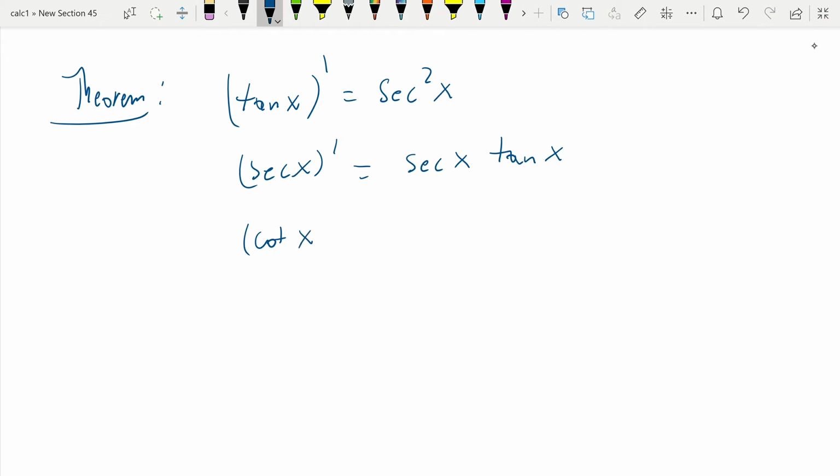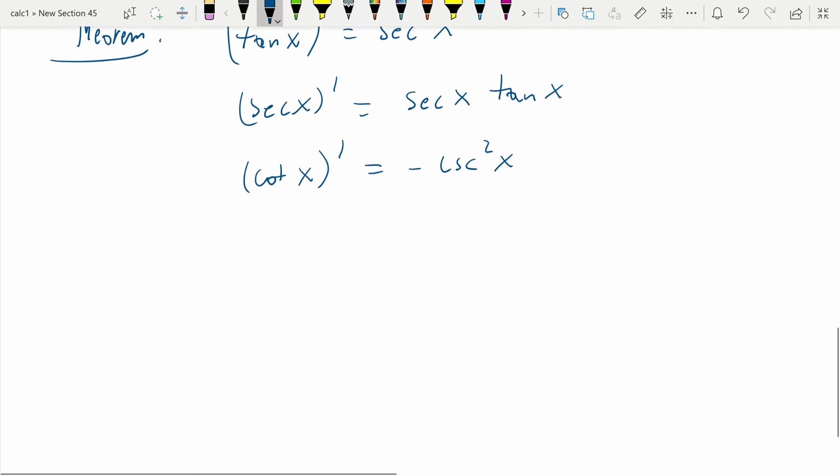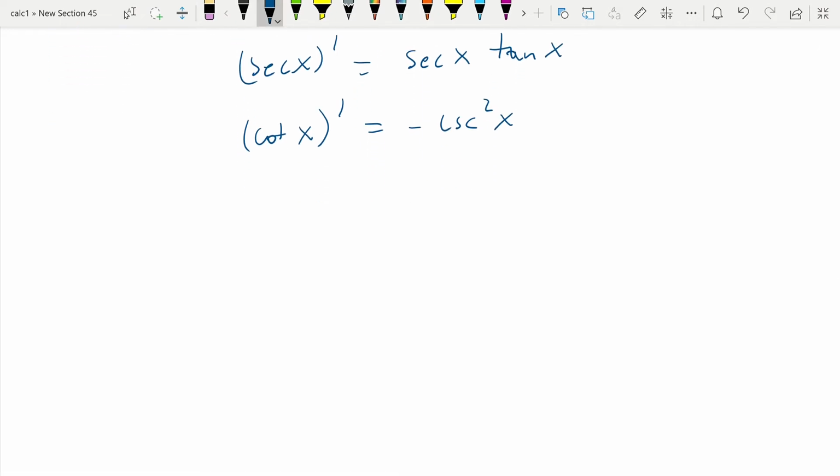The derivative of cotangent x is minus cosecant squared of x, and the derivative of cosecant is minus cosecant of x times cotangent of x.